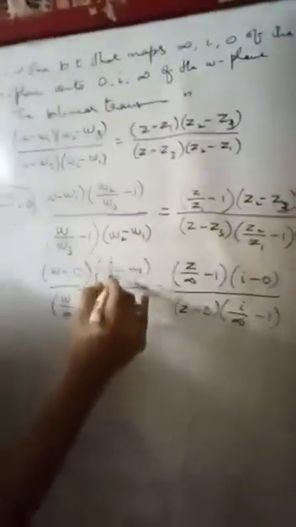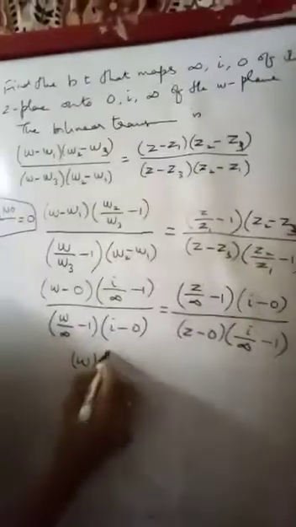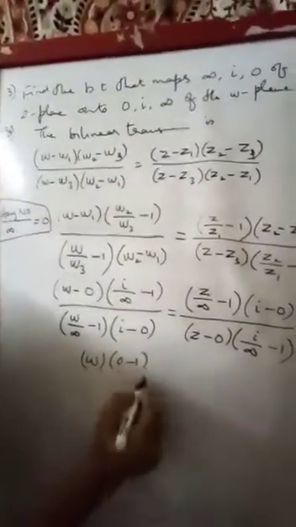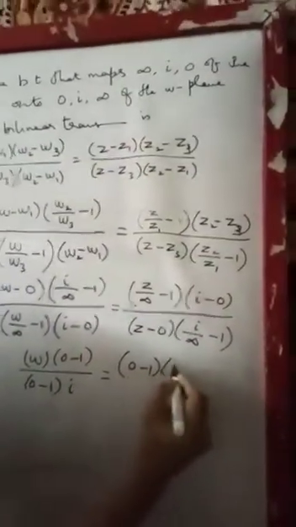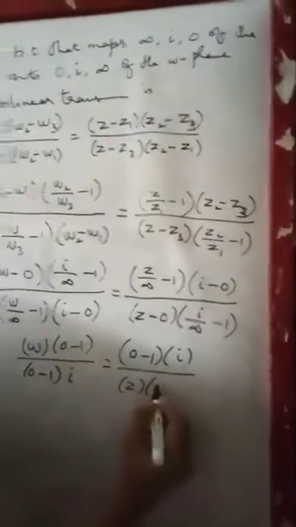Omega into this, you know that i by infinity is 0. So 0 minus 1 by, here also 0 minus 1 into i, equal to 0 minus 1 into i by z into 0 minus 1.